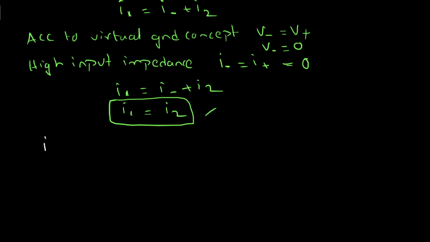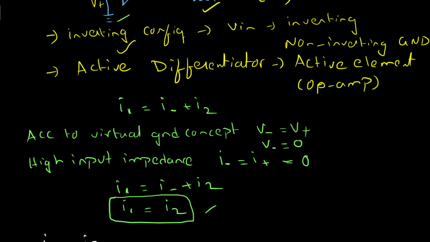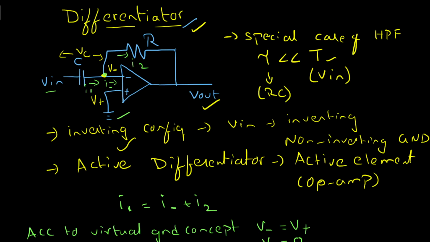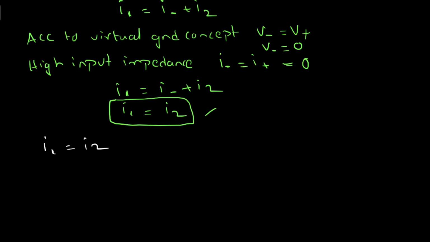According to this, I1 equals I2. Now we are considering the voltage across the capacitor as Vc. So that Vc equals Vin minus V minus.